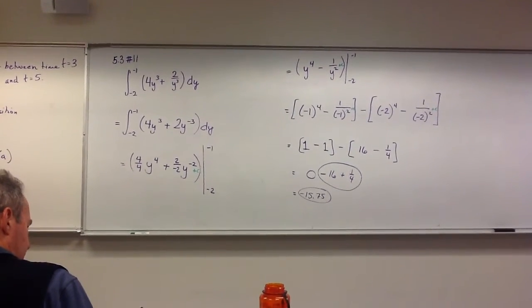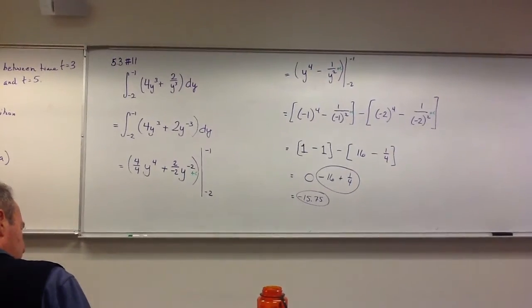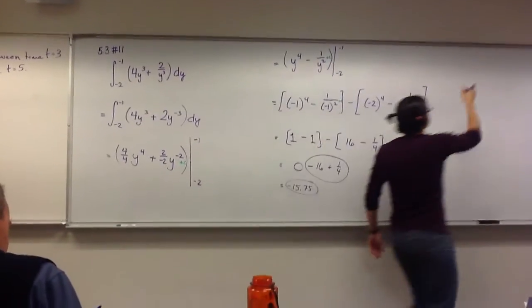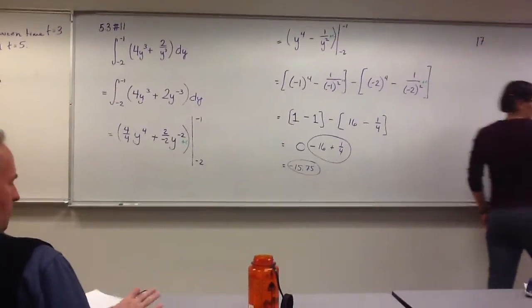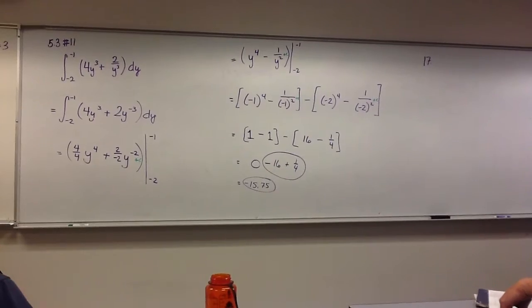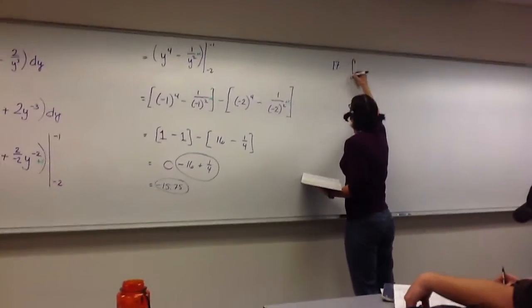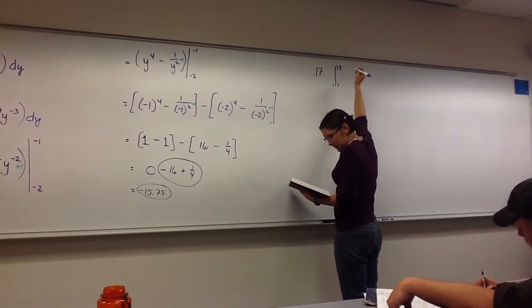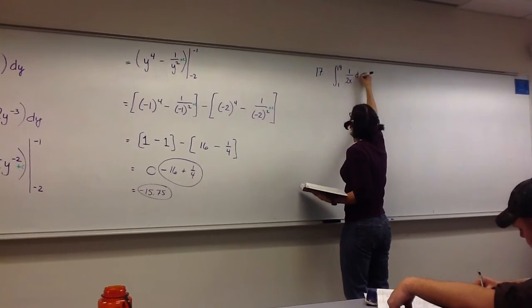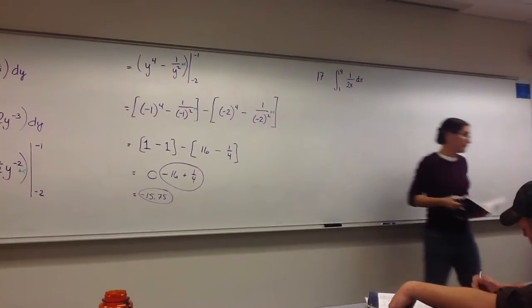Okay, so our next one, number 17. We've got the integral from 1 to 9 of 1 over 2x dx.